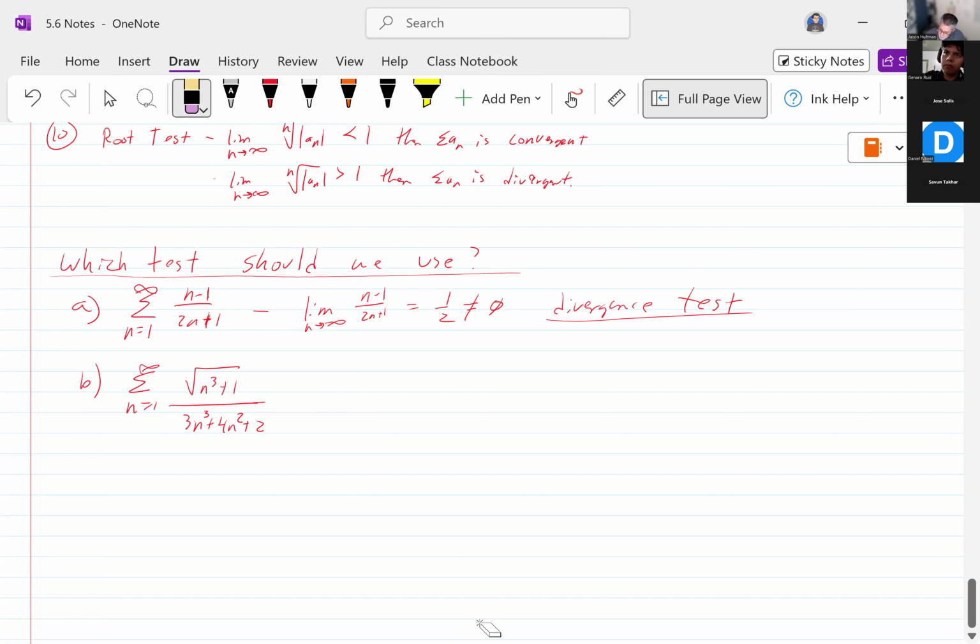Well, in this case, I'm going to look at just the first terms. I'm going to say that this is equivalent to another expression, one that's a little less complicated. It's not equivalent or equal. It's comparatively similar to n cubed over 3n cubed.